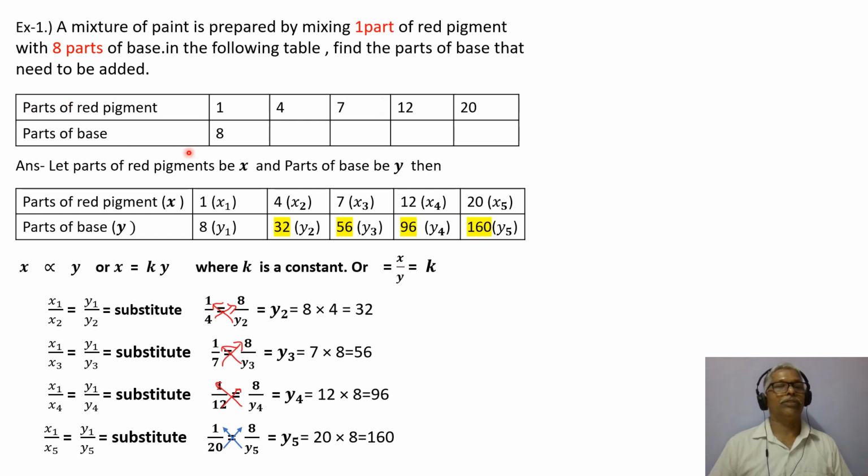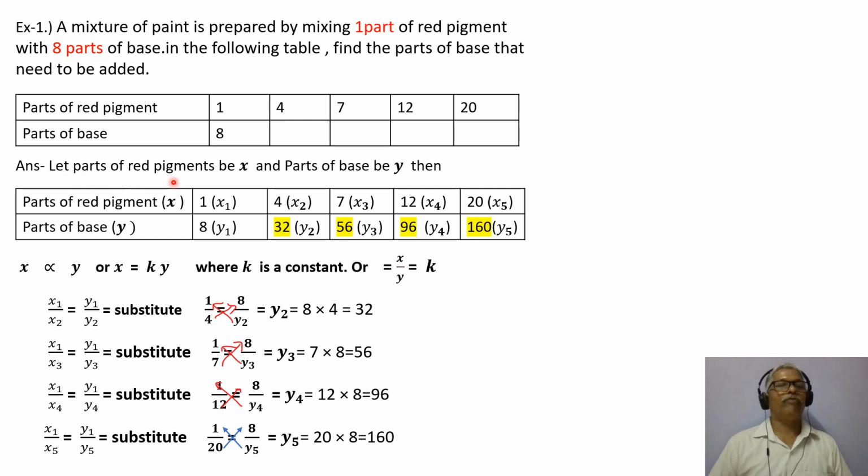Now this is given that if we take one part of red pigment, 8 parts of base is added, then we have to calculate for 4, 7, 12, 20 parts of red pigment. This we have to calculate. Now answer, we have to convert this problem into a mathematical expression like this.